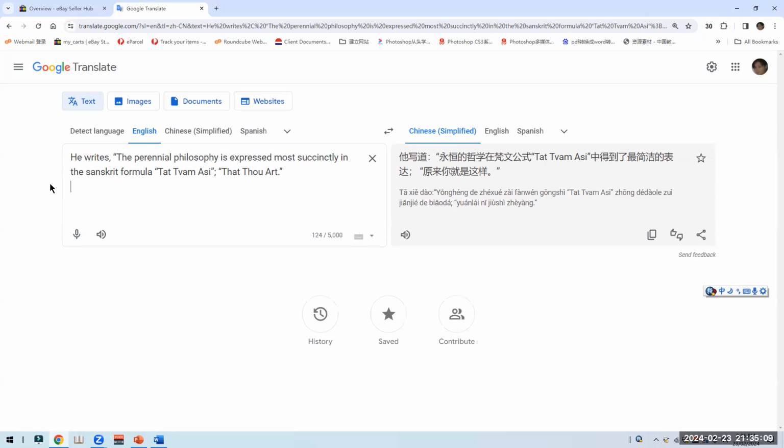Yes, and in the direct quotation clause, the subject is the perennial philosophy, the linking word is... oh, sorry, the verb is expressed. It is the passive voice.